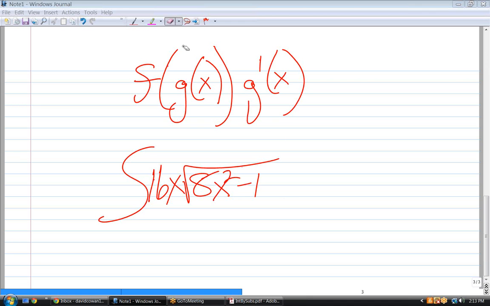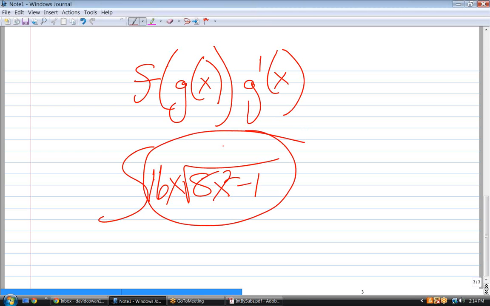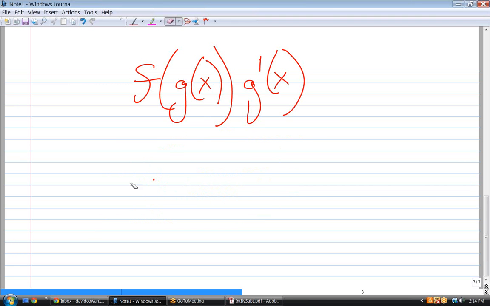This is kind of the reverse of the chain rule. Instead of multiplying by the derivative of the inside, we are going to end up having to divide by it. But you'll get the technique. What you want to look for is this. You want a composite function multiplied by the derivative of the inside.